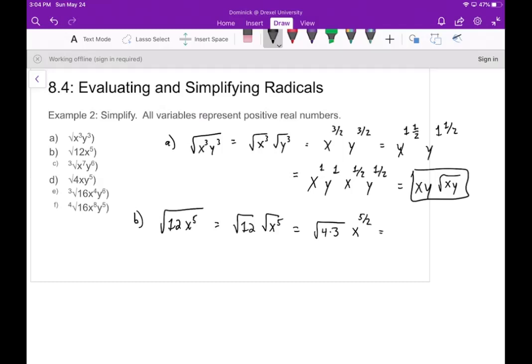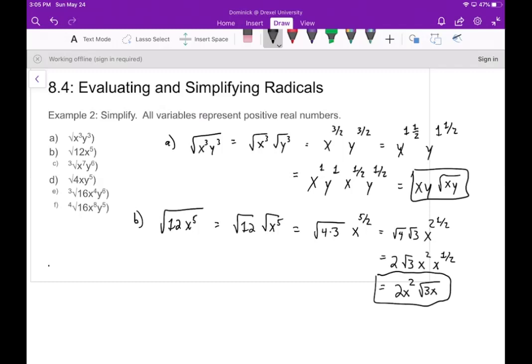So this is going to give me the square root of 4 times the square root of 3. And then I'm going to get an x to the 2.5. So the square root of 4 is 2. So I get 2 square root of 3. And this is x squared times x to the 1/2. Well, this is 2x squared. I'm just going to bring that x squared out front. And then I'm going to get the square root of 3x, because the x to the 1/2 is also in the square root.